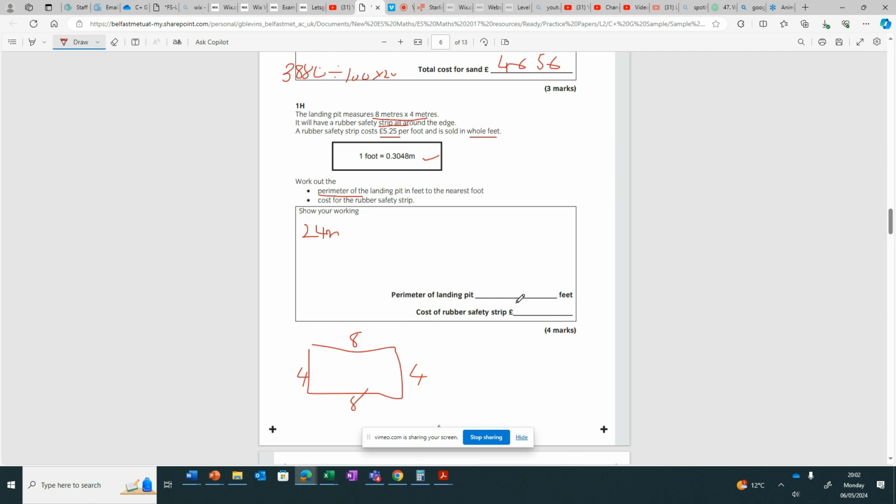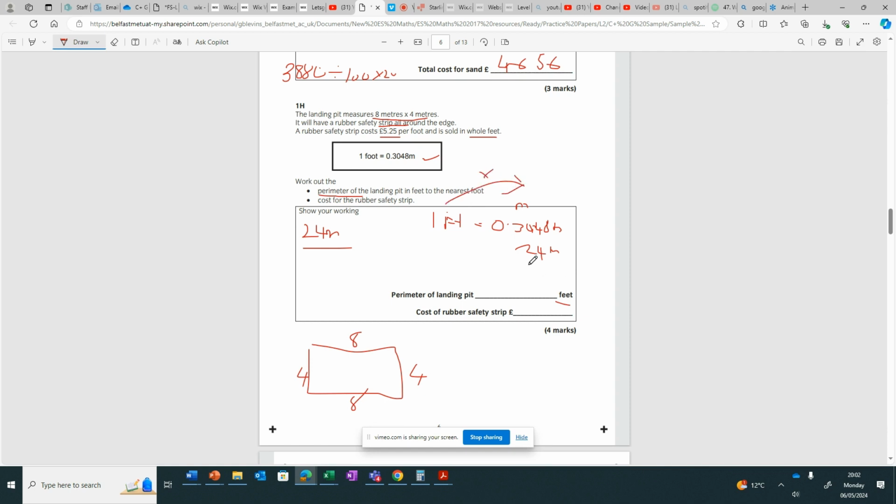So we take this conversion factor it has given us. There we are, and we write it out the way we see it. And we put in our number, 24 meters. I'm going to put over this side, as this is where the meters are. Now, if I'm going forward in maths, I'm multiplying. If I'm going the opposite direction, backwards, I am dividing.